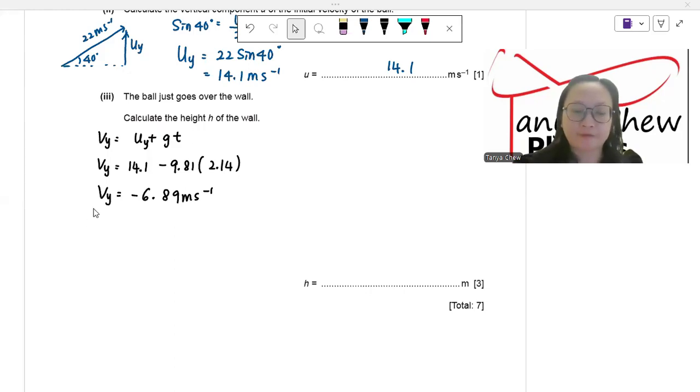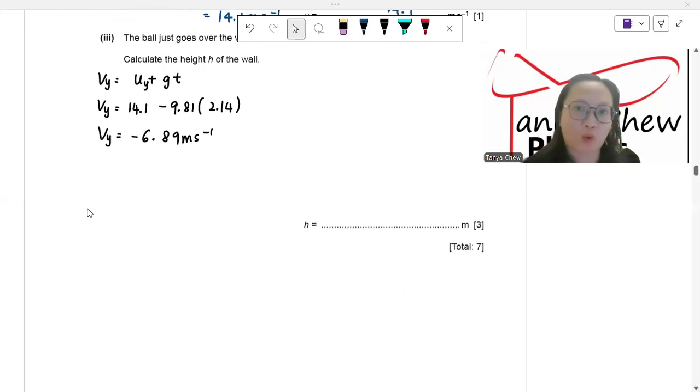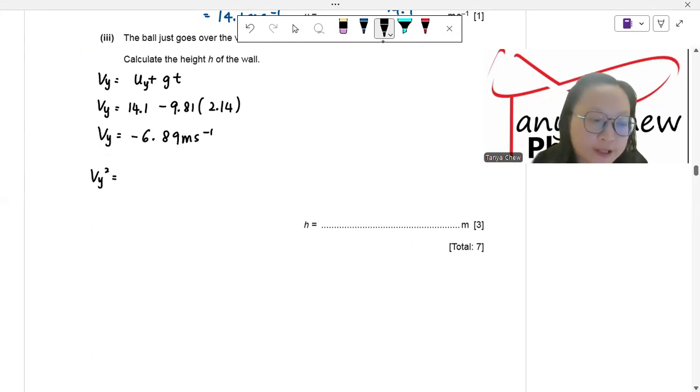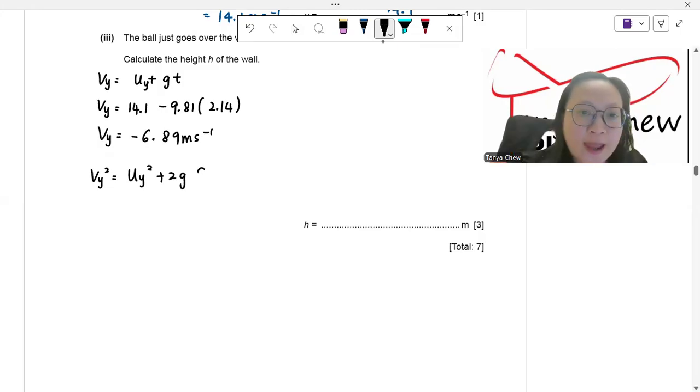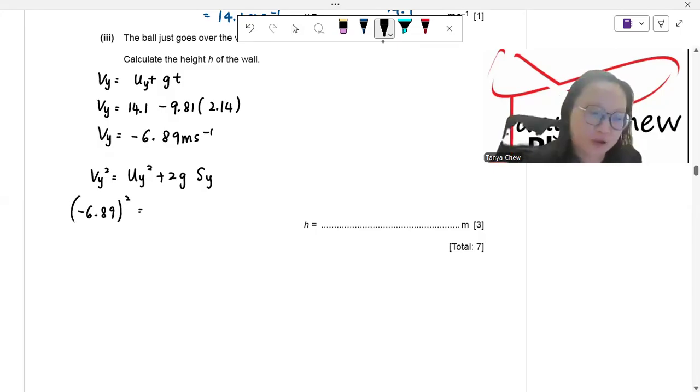Since I have the value of Vy, finding Sy is even simpler. Which equation do I use to find Sy? I use Vy squared is equal to Uy squared plus 2g Sy. Vy is negative 6.89, but it's okay because when you square it, you still get a positive value.